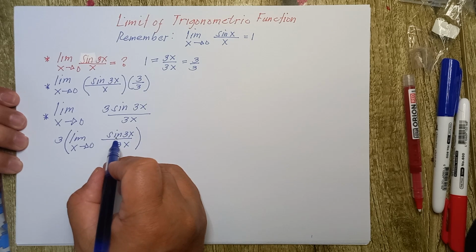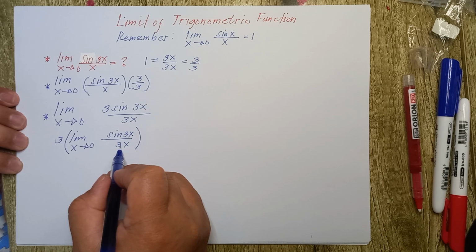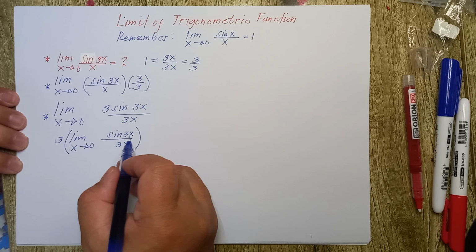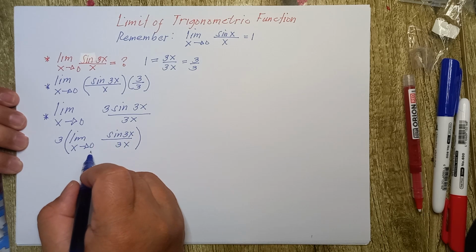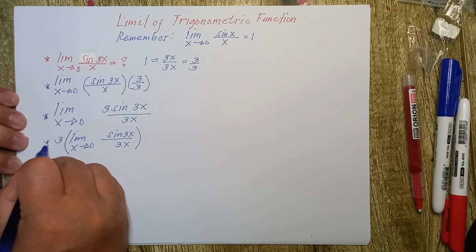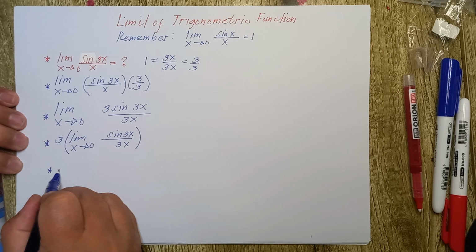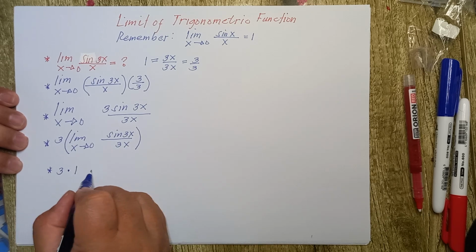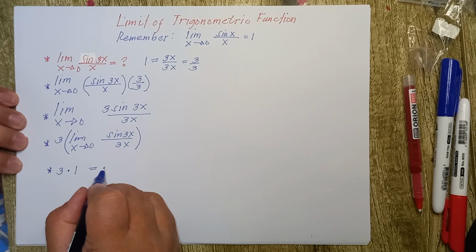The coefficient of sine, which is 3x, is the same as the denominator. And so the limit of sine 3x over 3x as x approaches 0 is 1. So that is 3 times the result of this one, 1. So what is the limit? 3 multiplied by 1, which is 3.